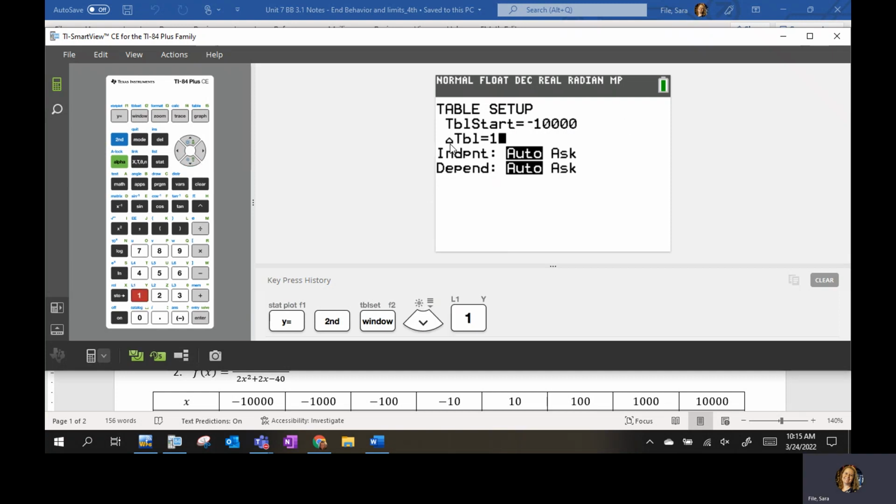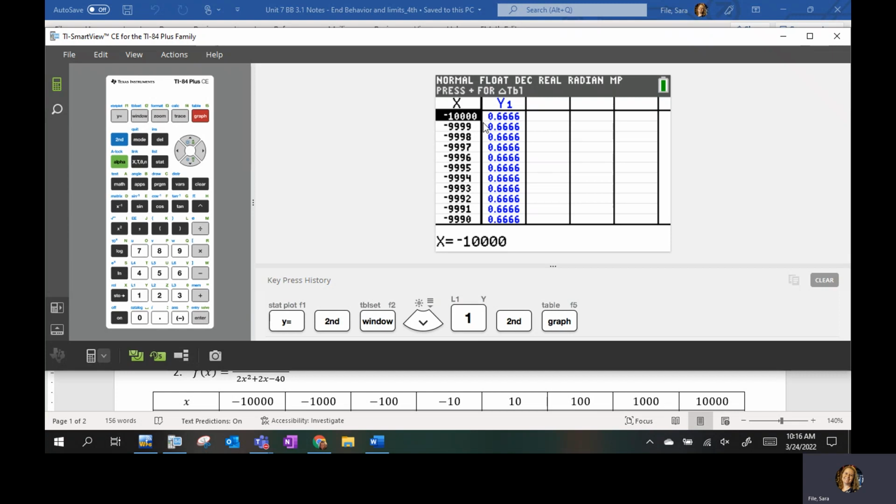And the change in table can be anything. Typically it's a 1. Okay, so I want to go to negative 10,000 instead of scrolling down to negative 10,000. I would type that in here, and then I would go to the table by going to second graph, and then I could see it's 0.6666. So that's the first value in that table.